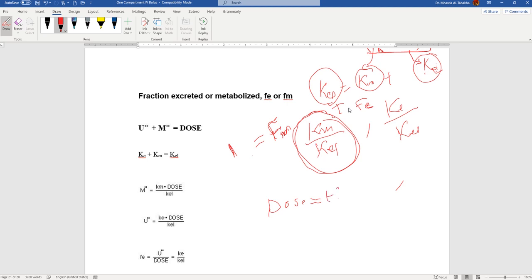How? Fm, the fraction metabolized, multiplied by the dose, how much got metabolized, plus Fe, the fraction excreted, multiplied by the dose. I can write it also as M infinity. So what does M infinity represent? It is the fraction of the drug that will be metabolized plus the fraction of the drug that will be excreted in the urine. Okay?